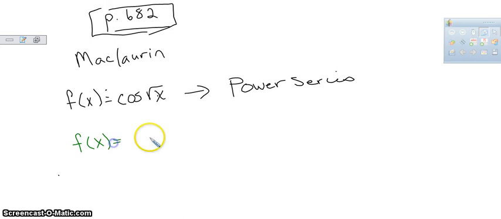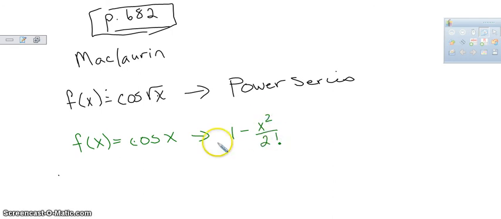So if you look at the table, the cosine of x is 1 minus x squared over 2 factorial plus x to the fourth over 4 factorial minus x to the sixth over 6 factorial, and that goes on. And you can get that right from page 682.